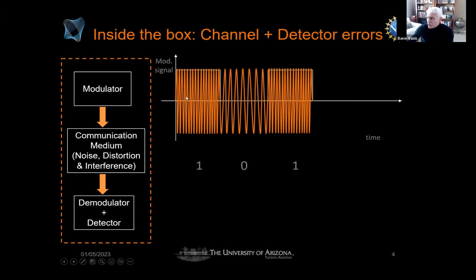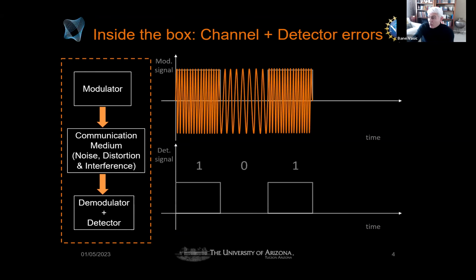So this is a modulated signal that I show, with time and amplitude. Of course, there are many different types of modulation, and for our purposes, for error correction, it is sufficient to understand this. Our detected signal should actually be 0, 1, 0.